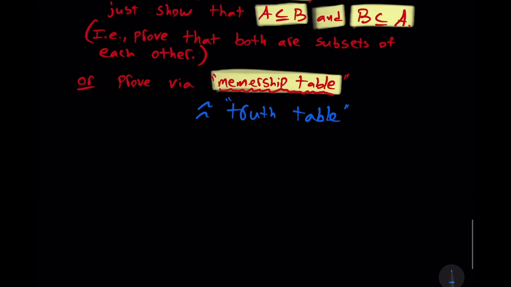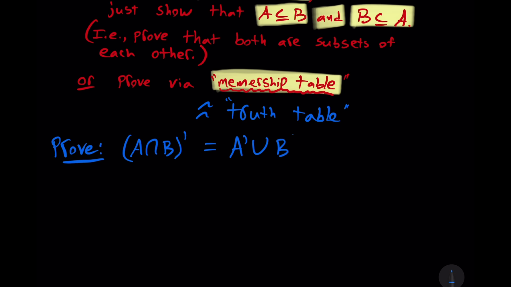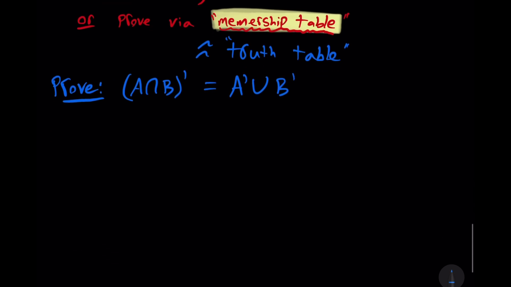So we're going to prove that the complement of A intersection B is equal to A complement union B complement. And we will construct a so-called membership table. And it works just like a truth table in propositional logic, really.